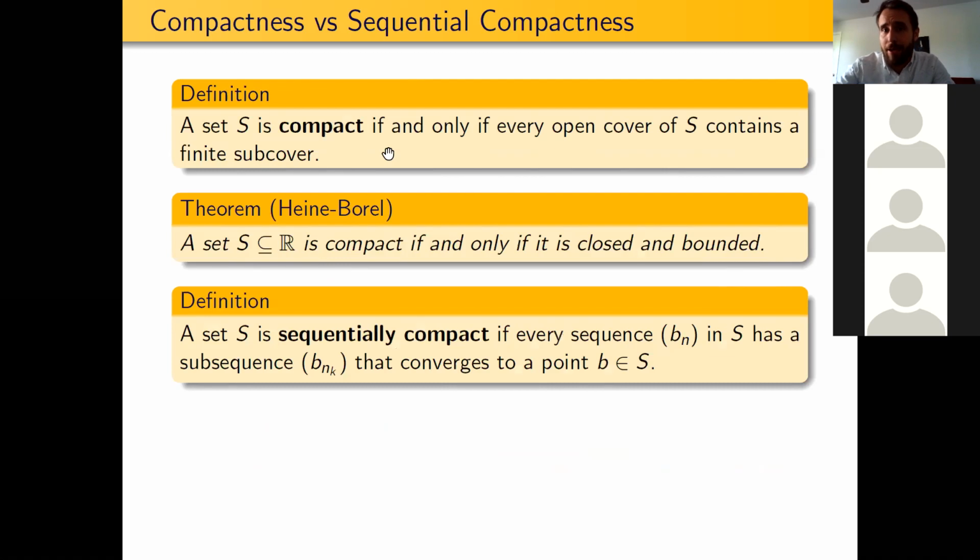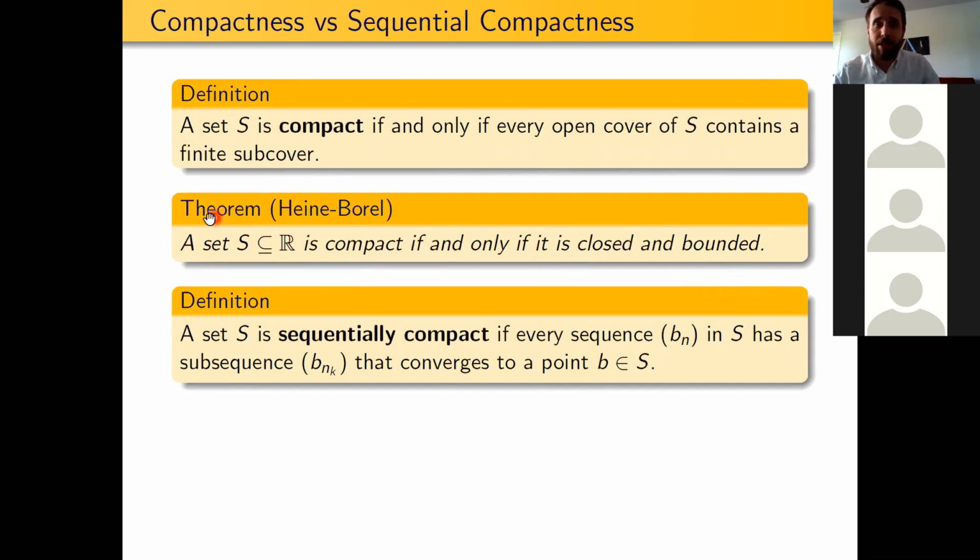After a lot of work by all of you, we were able to consolidate several results back in chapter 8 to get the Heine-Borel theorem, which gave us a nice way to characterize compact sets. The Heine-Borel theorem said that a set is compact if and only if it is closed and bounded. So we went from this really challenging definition involving open covers and finite subcovers to this: a set is compact if and only if it is closed and bounded.